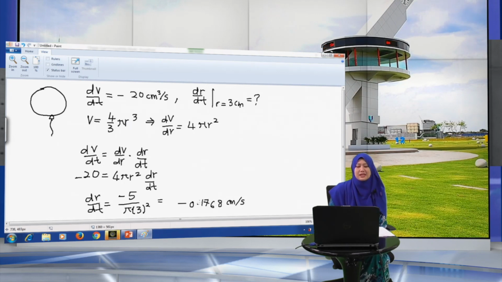Okay, so this is the answer. The radius changes with the rate of negative 0.1768.